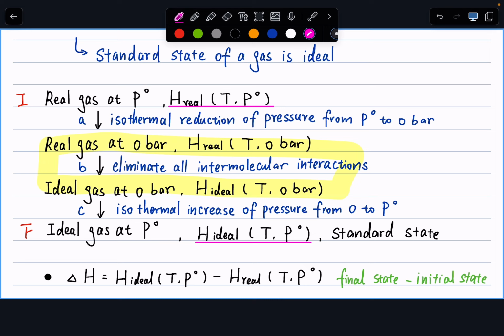Or the intermolecular forces approach 0. Or the assumption we can simply make is that the enthalpy for my real gas at a certain temperature, 0 bar, is equal to H ideal at a certain temperature, 0 bar. Or we can say this one just goes to 0.